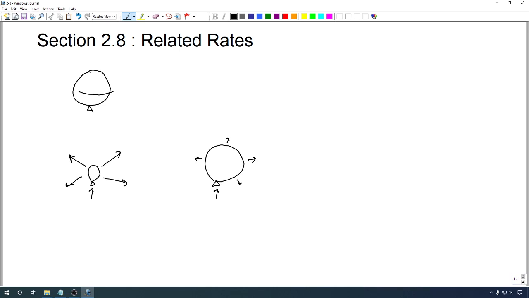That expansion slows down a bunch. So the rates of change of the volume versus the size of the balloon, in some sense, are related to each other, but somehow the rates are not related in a very simple fashion, necessarily.